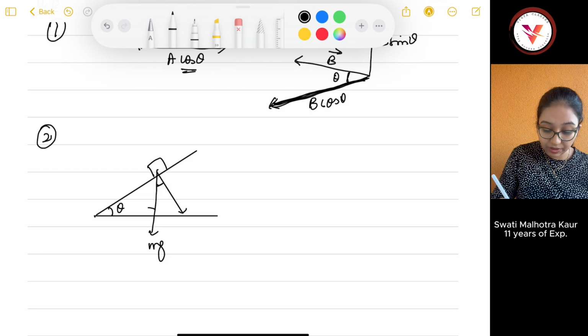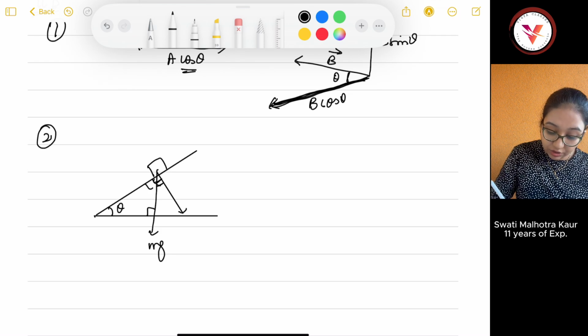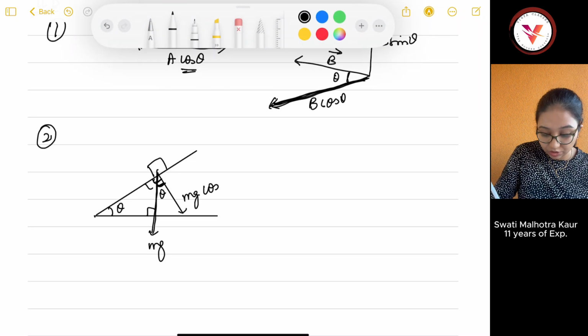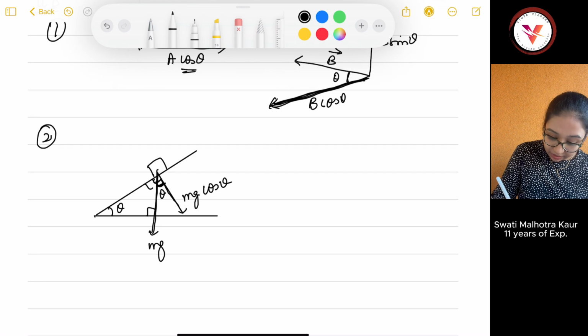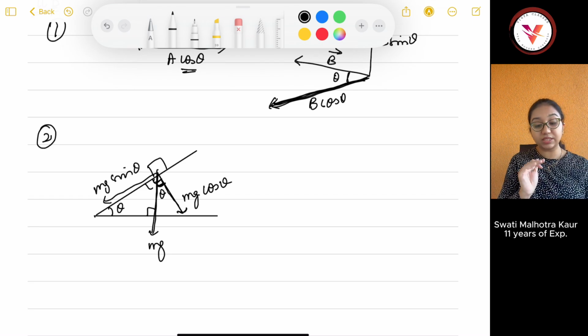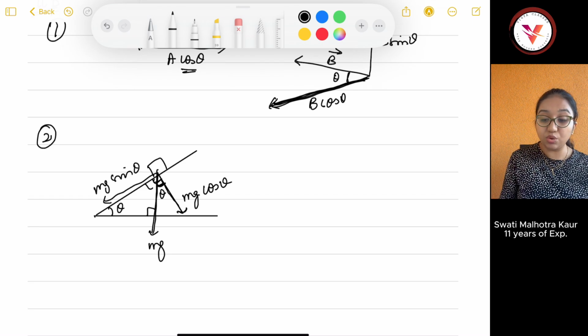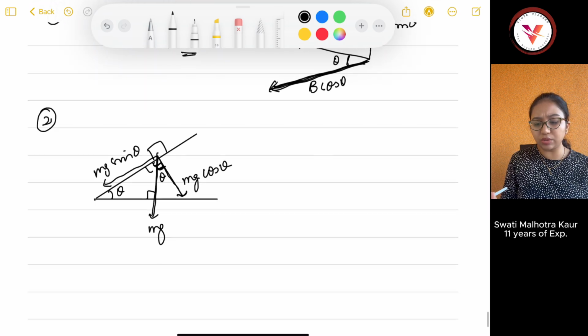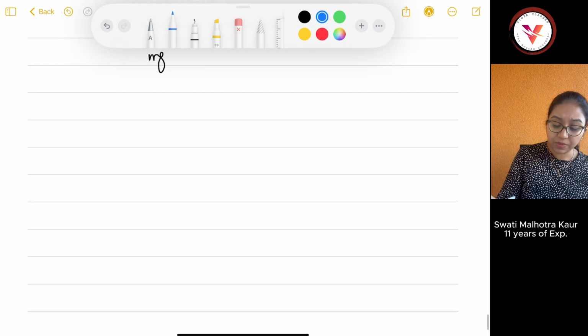How? Because you make a perpendicular there, this becomes 90 degrees, this becomes 90 minus theta. Now if this whole is 90, then this angle is theta. Now you resolve this mg here, and it becomes mg cos theta always, and the perpendicular to this line becomes mg sin theta. So this is a tip when you use the wedge thing. Okay, so these are two things when you want to resolve it.